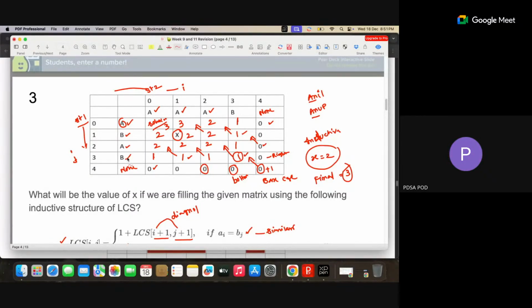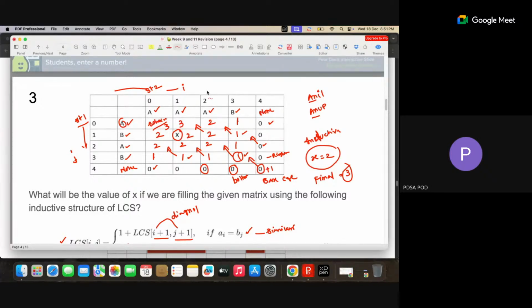B is found 2 times in this one, but this A is found 3 times in this way. So the longest common subsequence is different from the subword, it's not a subsequence. A subsequence might have dropping of words or characters, but it tries to find out the match wherever A is found 3 times.